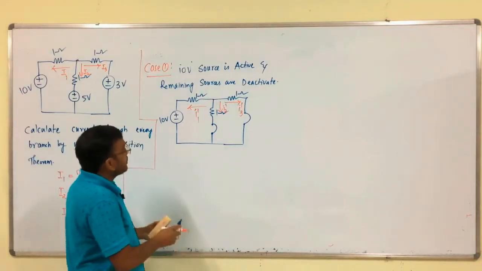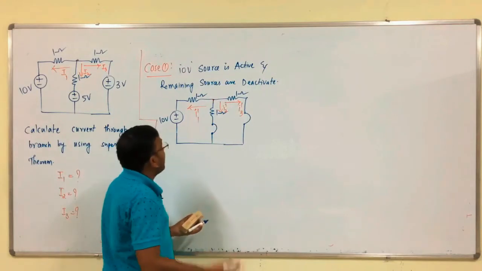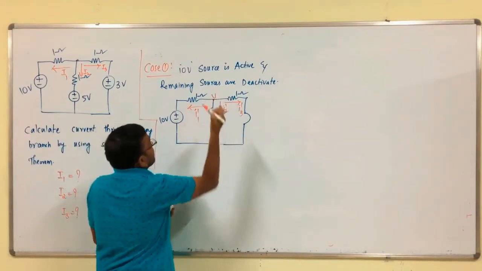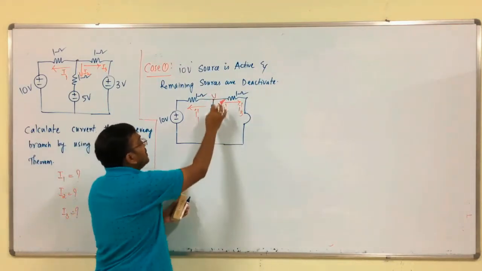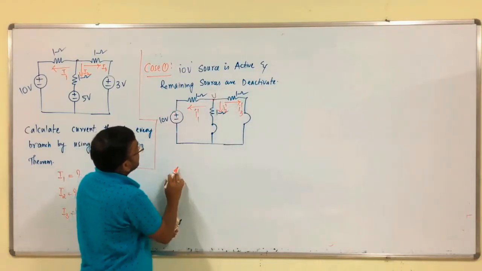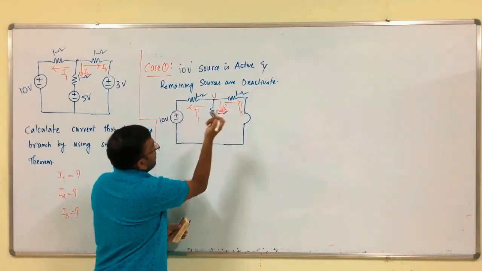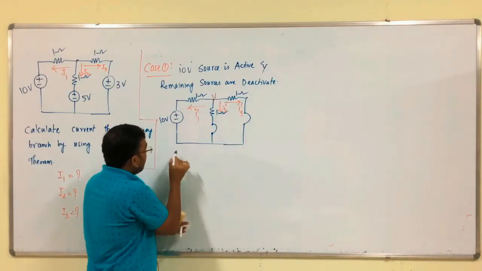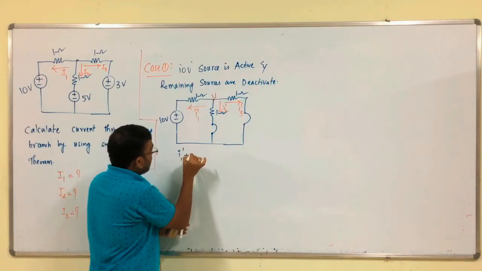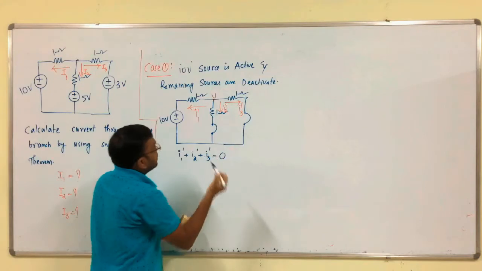At this node I am going to apply nodal analysis. Assume this is the nodal voltage V. What is the KCL equation? Leaving currents: I1 dash plus I2 dash plus I3 dash equals 0.